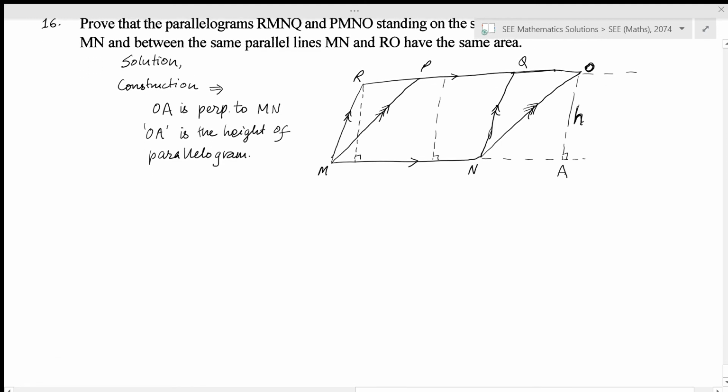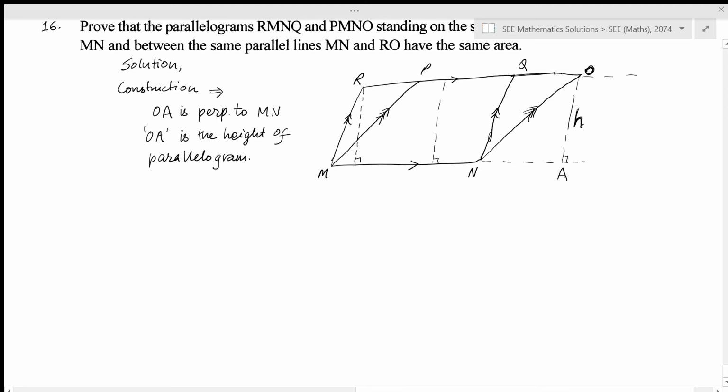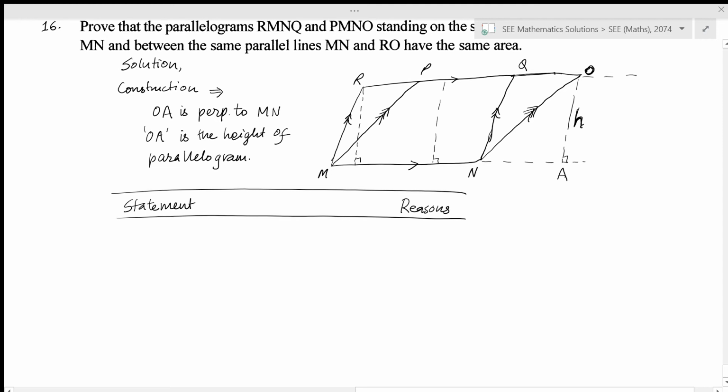Now following our usual technique of statements and reasons. The first statement we have is area of parallelogram RMNQ will be equal to, sorry, not half.